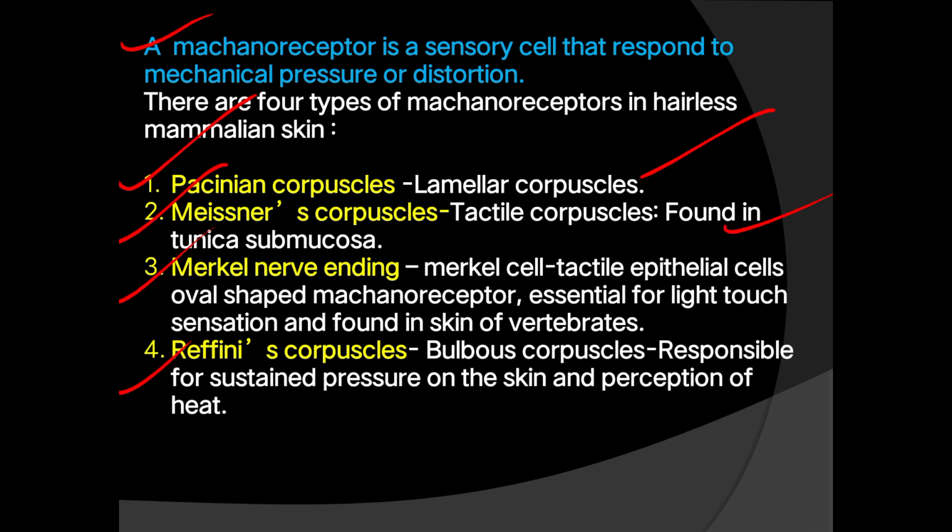Then the Merkel nerve ending, the Merkel cell, is a tactile epithelial cell, an oval shaped mechanoreceptor essential for light touch sensation, found in the skin of vertebrates. Then the Ruffini capsule, a bulbous capsule, is responsible for sensing substantial pressure on the skin and the perception of heat.